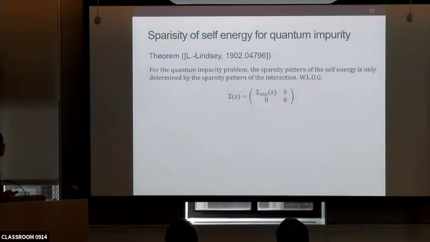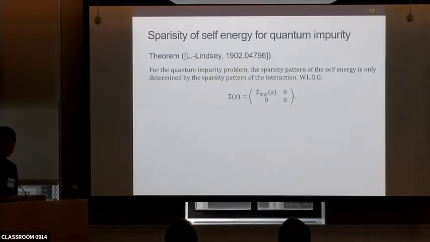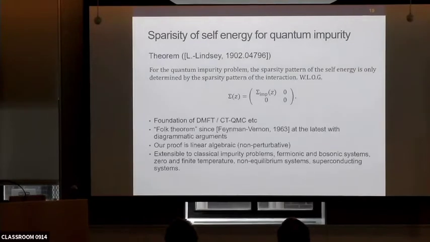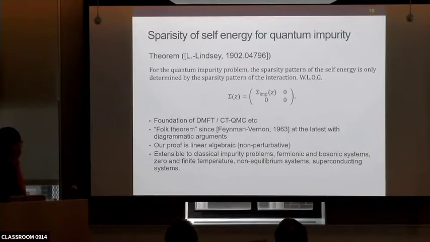But this structure seems to be so robust. Is there any non-perturbative way of understanding this sparsity? I talked with a number of physicists, chemists, and mathematical physicists, and realized that this seems to be a folk theorem, at the latest since Feynman and Bernoulli, but presumably much earlier than that.